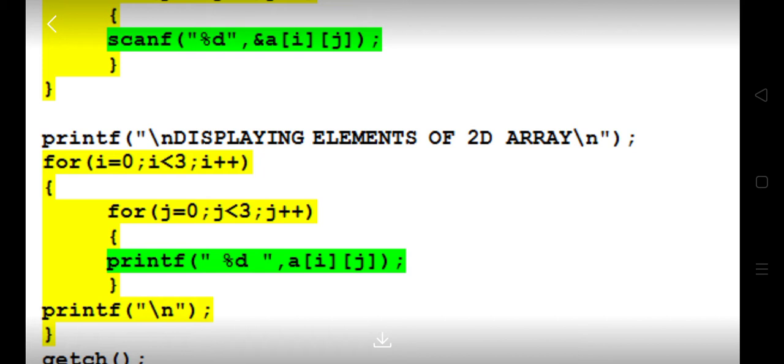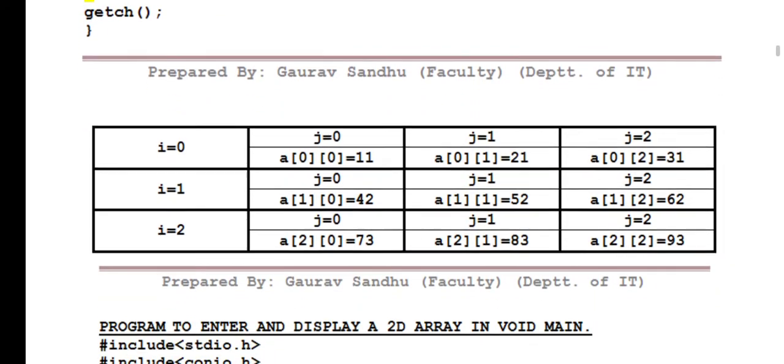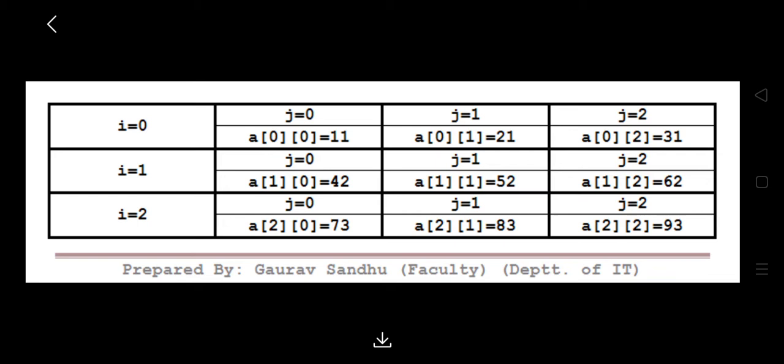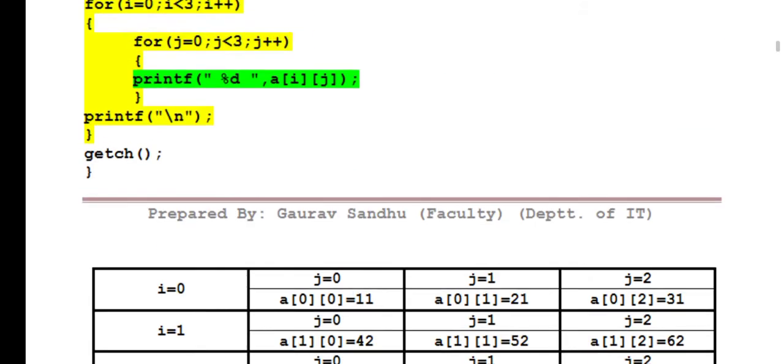The i represents the rows and j represents the columns. Based on the loop which we have seen earlier, the value of i will start from 0 and go till 2. Let's see the example again.